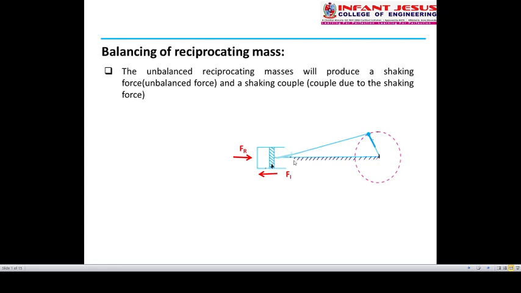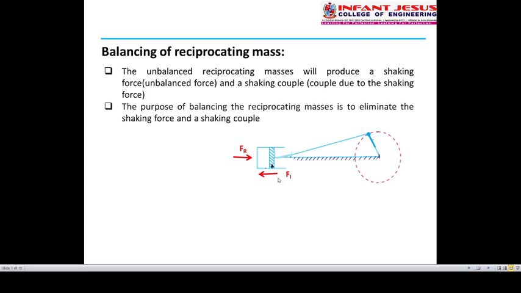The unbalanced reciprocating masses will produce a shaking force, that is the unbalanced force, and a shaking couple. The shaking couple takes place due to the shaking force. We have to avoid these effects, so the purpose of balancing the reciprocating masses is to eliminate the shaking force and shaking couple.